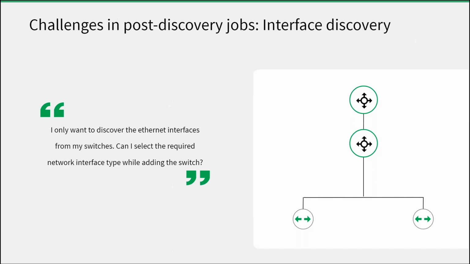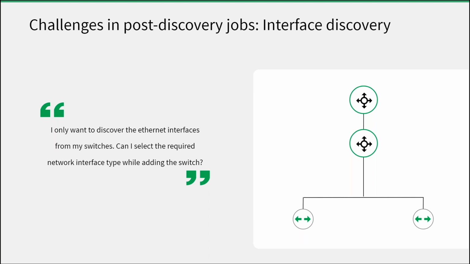Our next post-discovery challenge is about interfaces. On a network device, say the network administrator says, I only want to discover the Ethernet interfaces from my switches. Can I select the required network interface type while adding the switch itself?